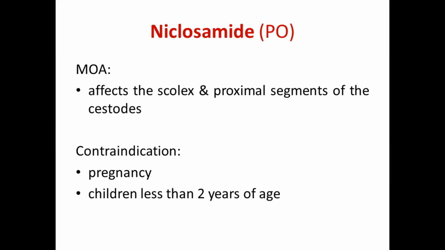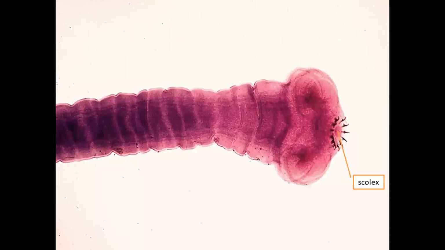So it affects the scolex and proximal segments of the cestodes. So this is a cestode, no? So pinaparalyze niya because this part of the cestode is the sucking mechanism. Parang suction. Sa suction siya doon para makagalaw sila.